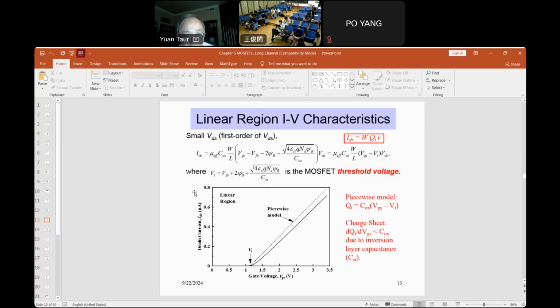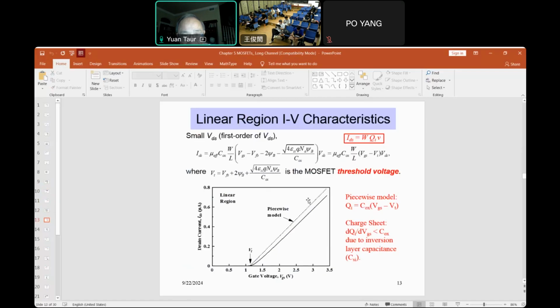Okay, and if you plot that, this is the dotted line. Okay, so IDS as a function of VGS. IDS is 0 until VGS goes beyond VT.